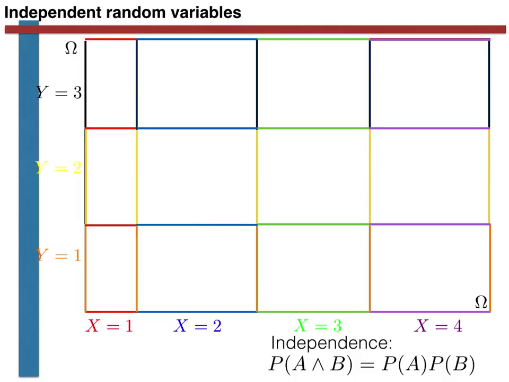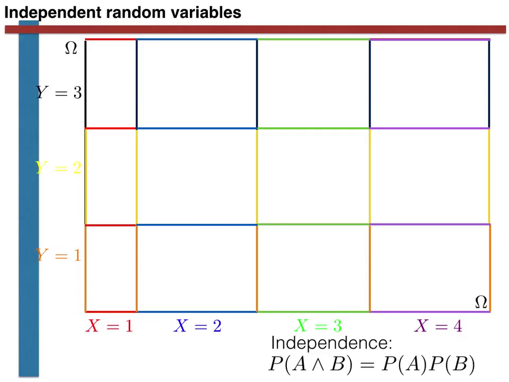Here we divide up the sample space into the 12 possible combinations we could have for the random variables capital X and capital Y. Notice that each of the rectangles in this figure has an area proportional to the probability that capital X equals small x multiplied by the probability that capital Y equals small y, which implies that for every single possible pair of values for small x and small y, the probability that capital X equals small x and capital Y equals small y is equal to the probability that capital X equals small x multiplied by the probability that capital Y equals small y.